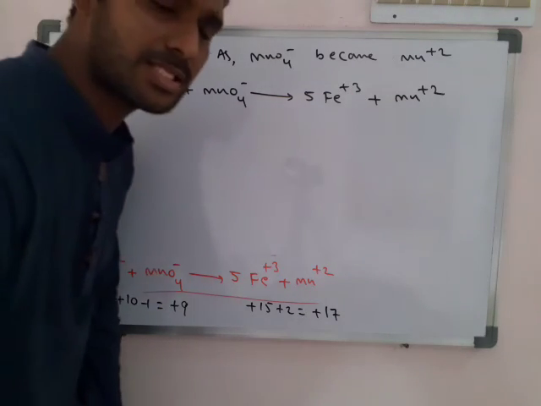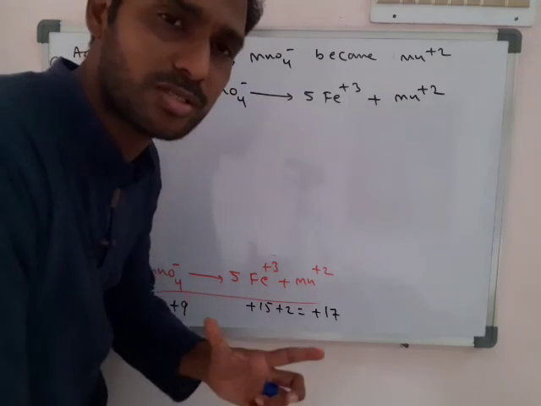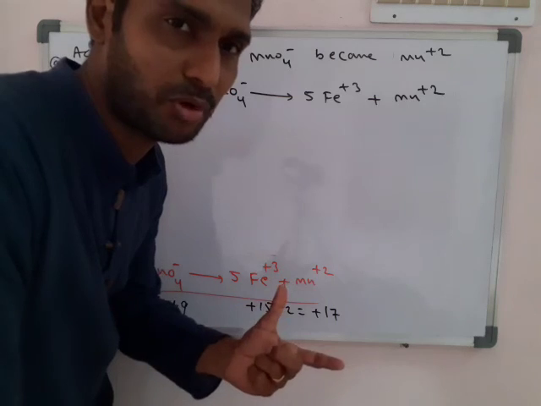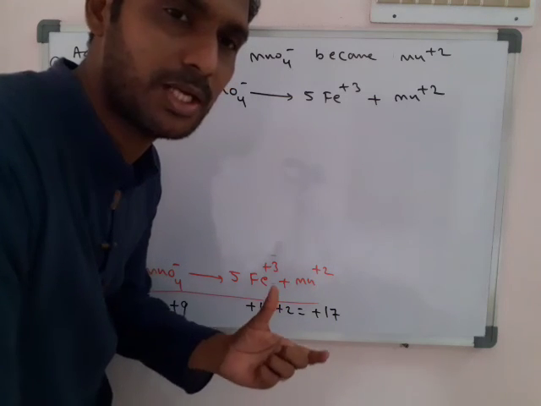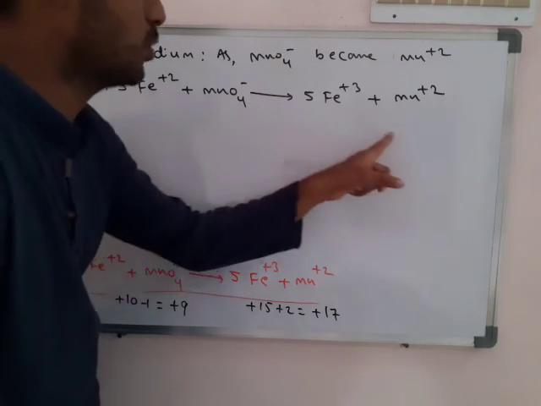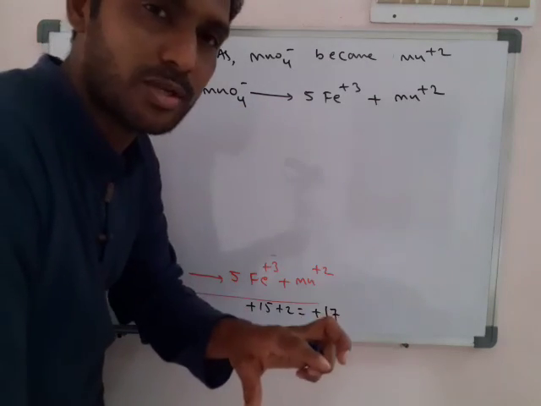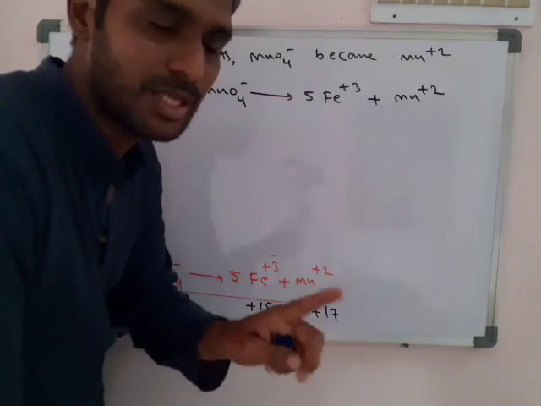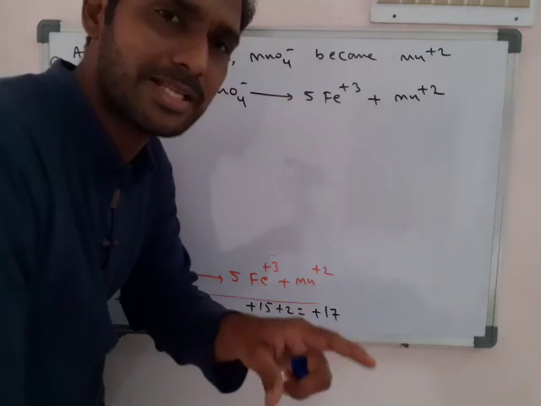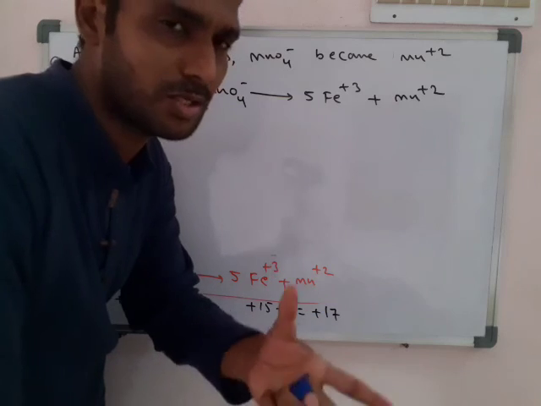In any medium, acid or basic, to balance oxygen atoms we add the proper number of H2O molecules where the oxygens are less. In the oxidation number method, when oxygens are balanced, hydrogens are also balanced.